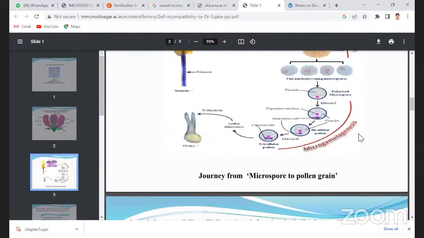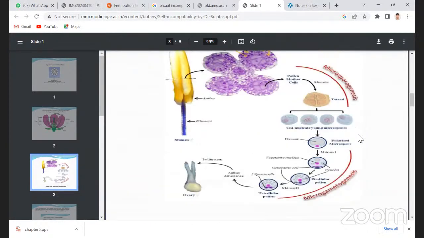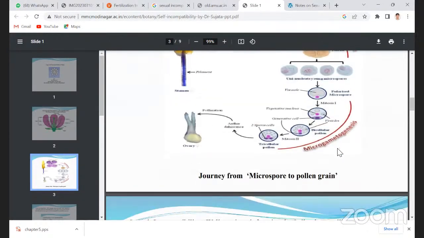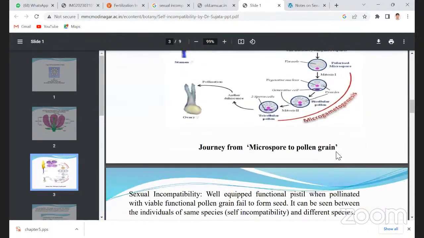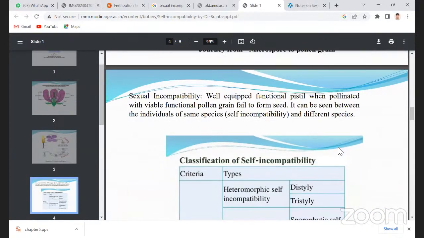So, the journey from microspore to pollen grain. How it develops, we already discussed previously. Then we will discuss sexual incompatibility. A well-equipped functional pistil, when pollinated with viable functional pollen grains, fails to form seed.